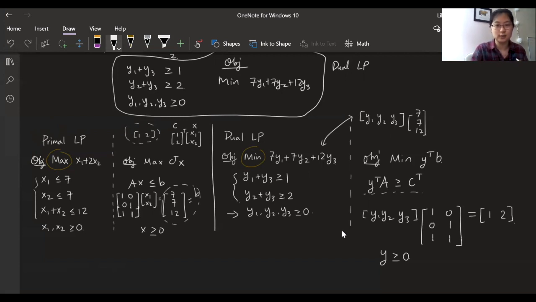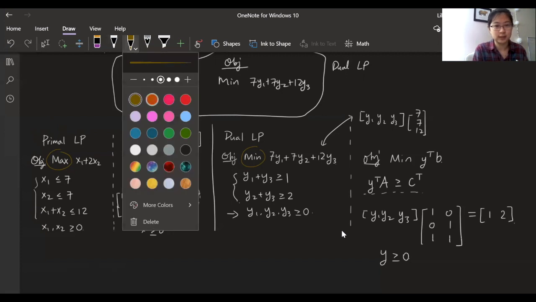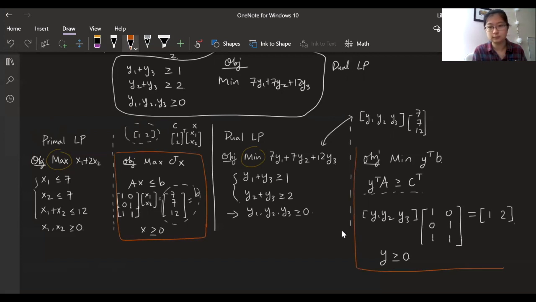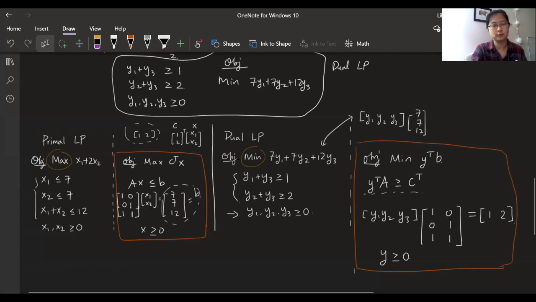Okay, so in the end, given some primal LP that looks something like this, we can write out the dual like this. So this is how you construct a dual LP from the primal.